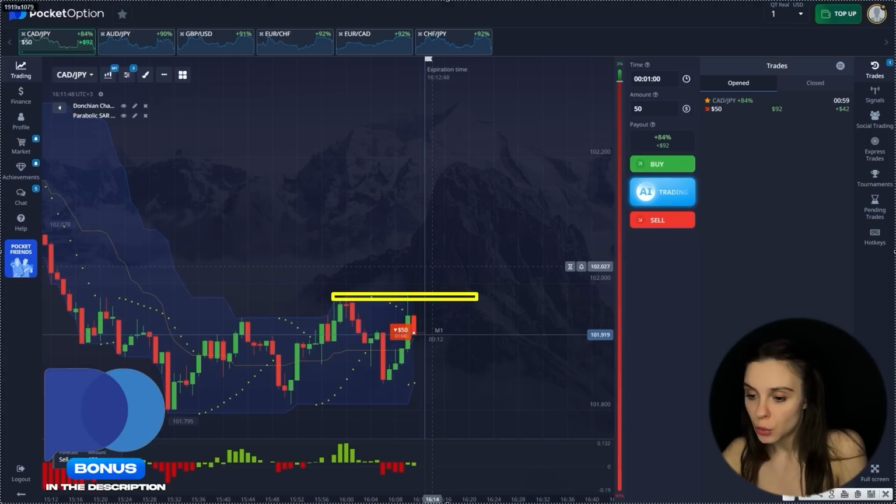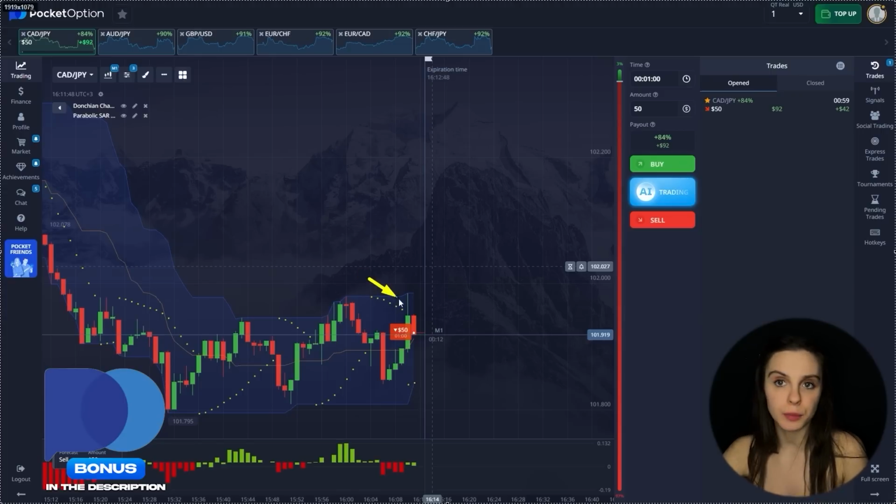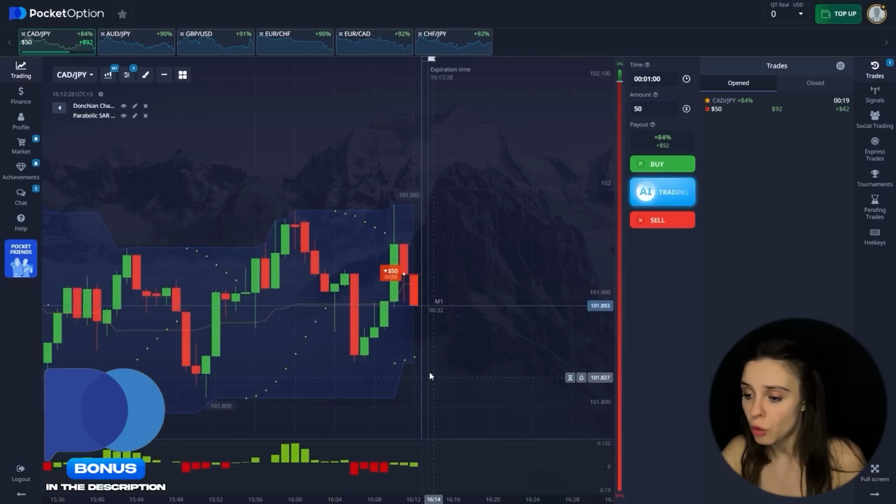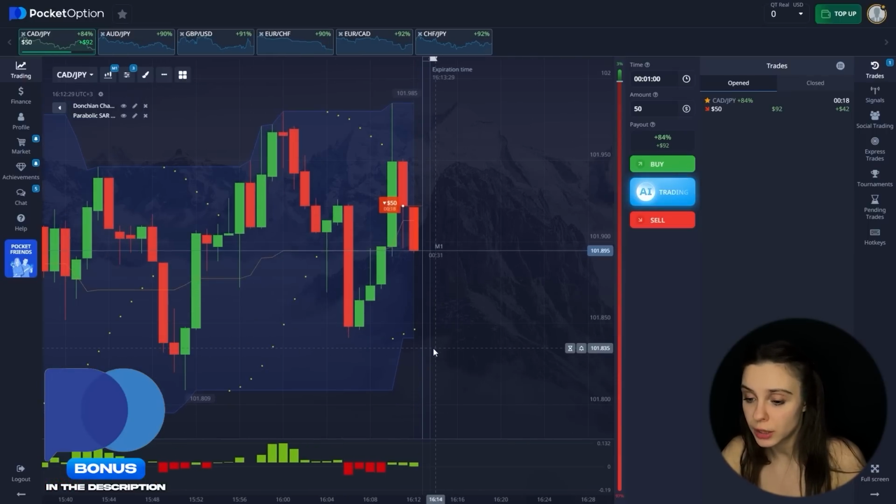We highlighted the resistance level with the Donchian channel. It's very convenient. This indicator helps, yeah. It's directed slightly upwards, but nevertheless we see the general downward trend, as well as on Parabolic SAR by points and by the Momentum indicator at the bottom of the screen.